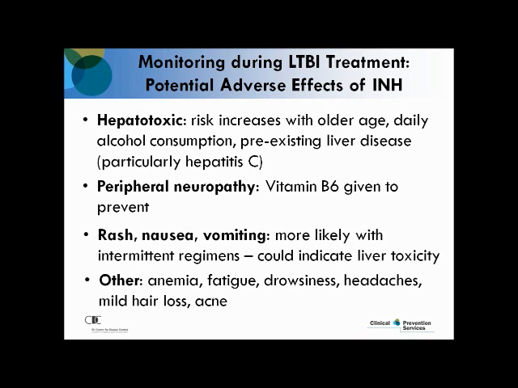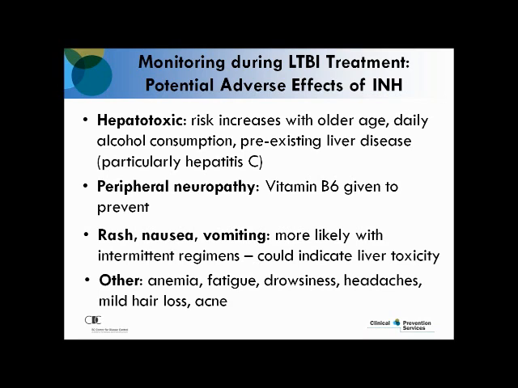In terms of latent TB, the biggest adverse effects are hepatotoxicity, in terms of liver enzymes, and the older you are, the greater the risk, so we look at alcohol consumption. Obviously, if you have hepatitis C or cirrhosis, that's going to be included.